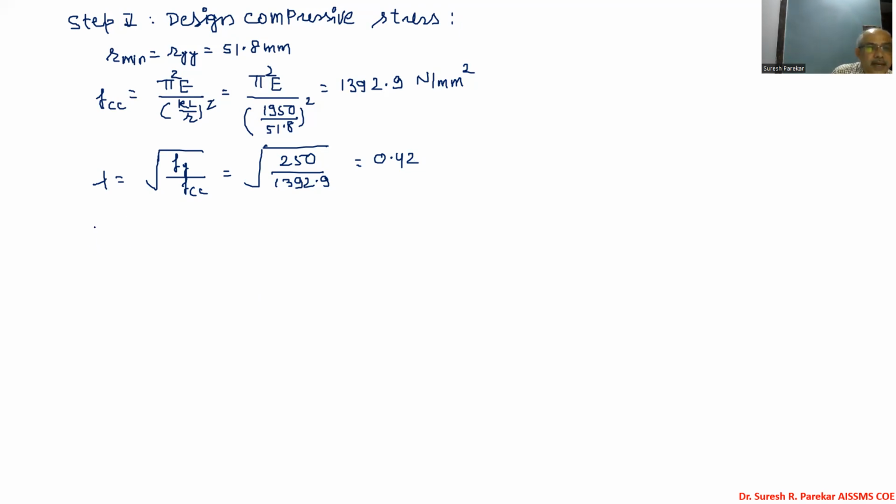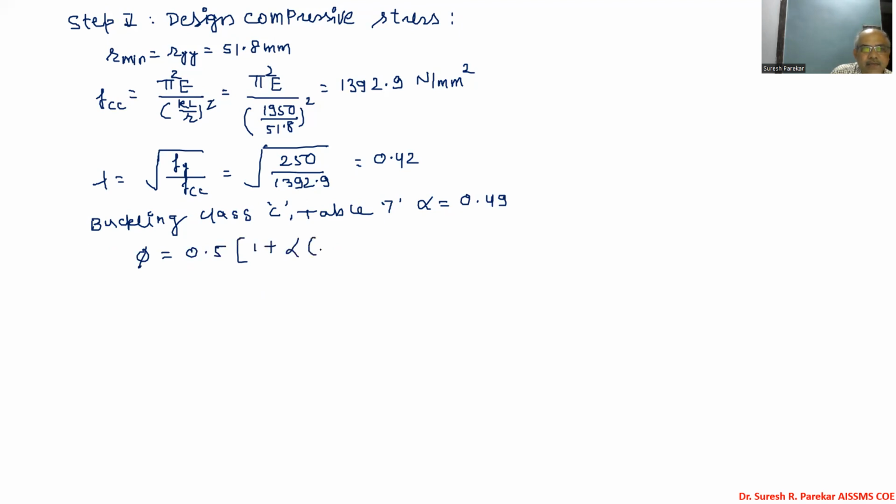And then we have buckling class C. Buckling class C, so we have table 7, imperfection factor. Table 7, alpha is equal to 0.49. And from this we will get phi is equal to 0.5 into (1 plus alpha into (lambda minus 0.2) plus lambda square).